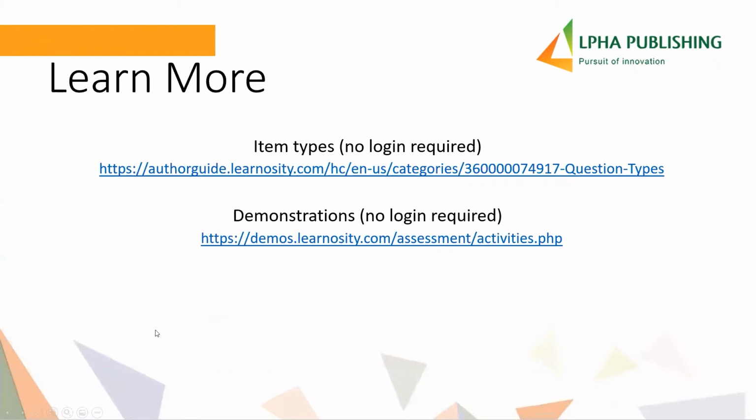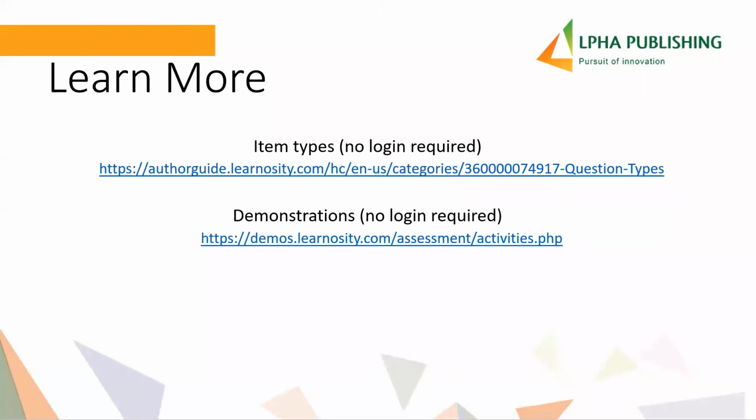But first I want to show you that there are some things that you can look for on Learnosity's site that there's no login required, and I have the URLs here, but again, you can get this from the recording later. But there's an author guide at Learnosity. You can see all the different item types, how they function.